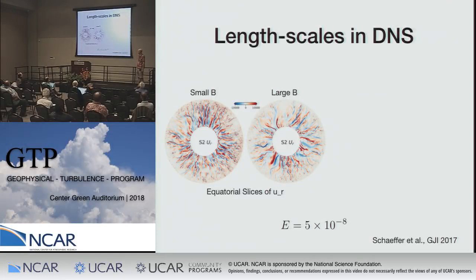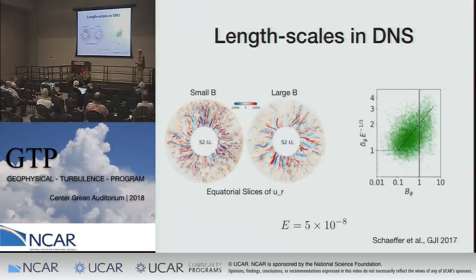Same simulation, and we're looking down on the rotation axis here. You can see that when the magnetic field becomes relatively strong, it forms some quiescent regions in the flow. But if you look closely, you can still see that the Ekman to the 1/3 length scale is present in the simulation.